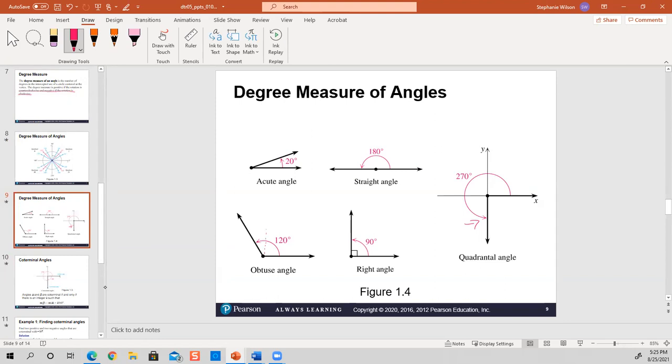So if we were to think about it, this should be like the 90-degree angle right here, right? And if you go over just a little bit more, you get the obtuse. And then, of course, the right angle. I always think of a right triangle when I think of 90 degrees. But whenever we have the x and y making an L shape, we have the 90-degree angle.